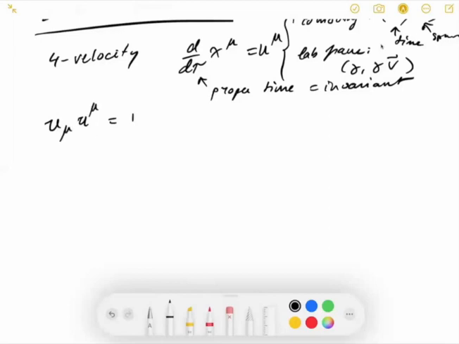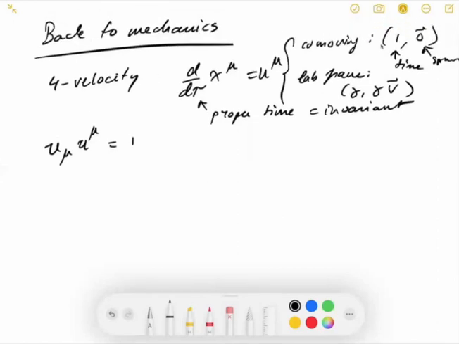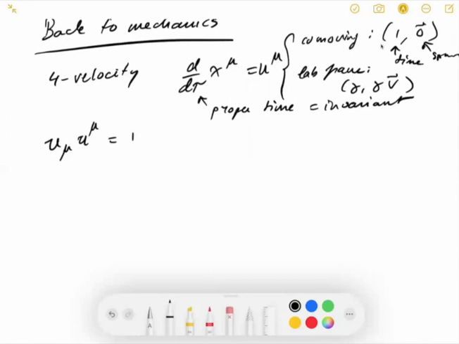So we have a contravariant part and a covariant part. This thing is invariant, and we went through this, and we said, well, this works out in a co-moving frame because it's 1, obviously, as well as the lab frame.